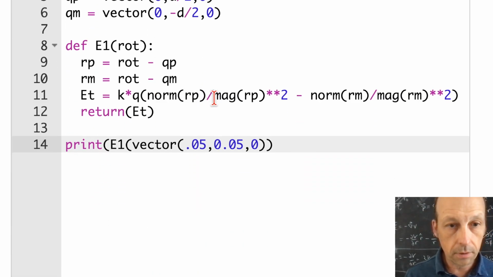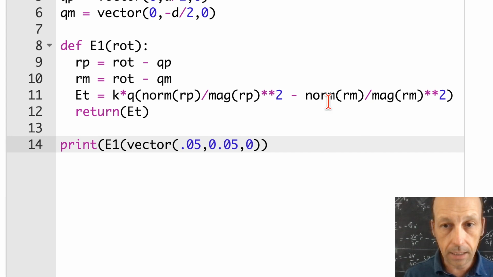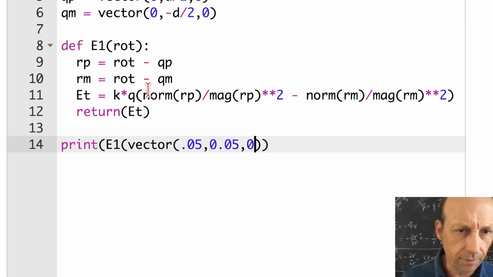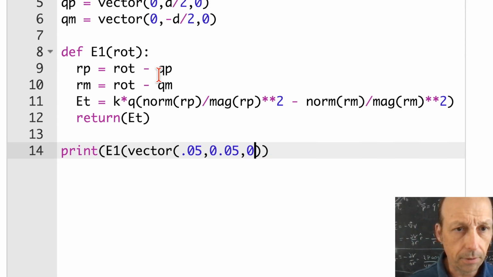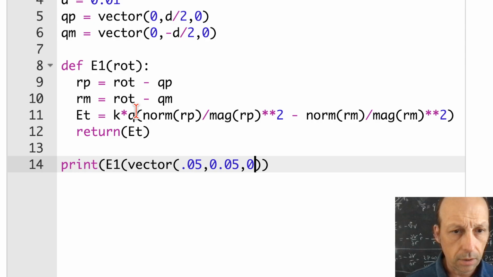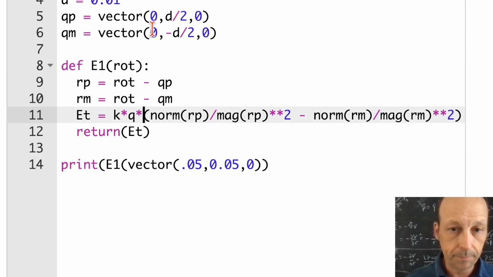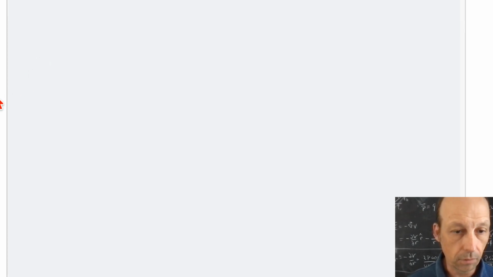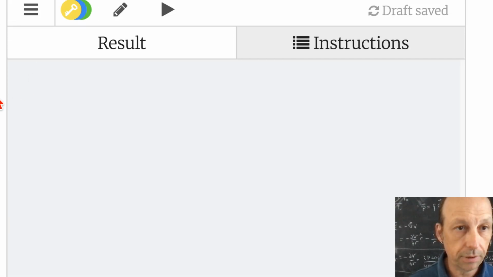Norm, mag, where am I missing that? Okay, so there's that. Missing a right parenthesis. K, maybe I missed it up here. Okay, that's right there, because I called it a function. No. Missing a right parenthesis.